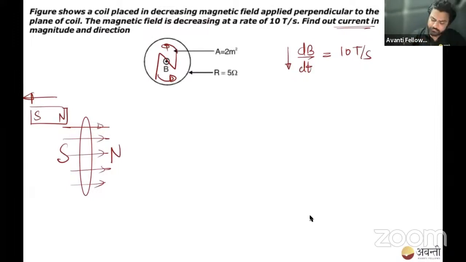Now let us find the current. For finding current, we need to find EMF. So EMF is equal to the rate of change of flux.